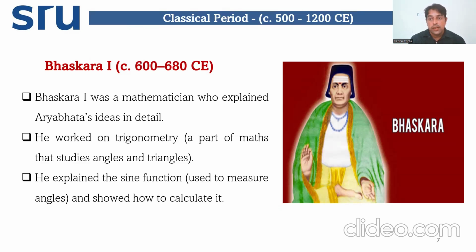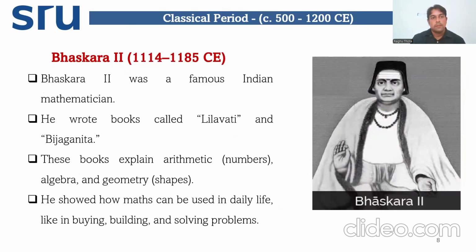That is the significant contribution of Bhaskara I in the classical period of mathematics. He worked on trigonometry, the part of maths which studies angles, triangles, and so on. He explained the sine function, which is used to measure angles, and showed how to calculate it. So this is about Bhaskara I.